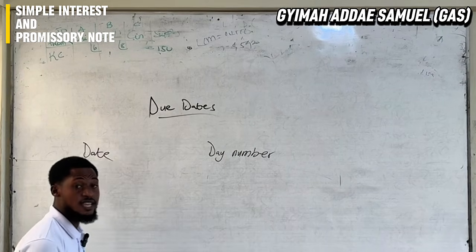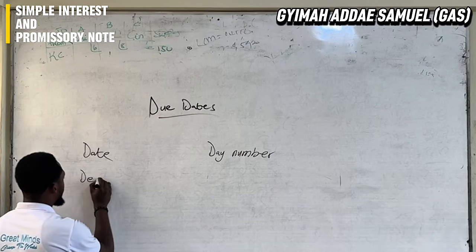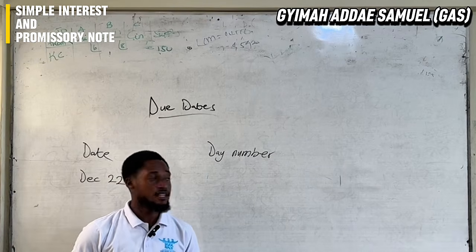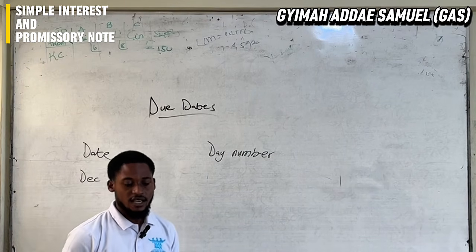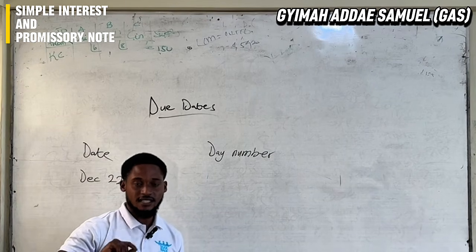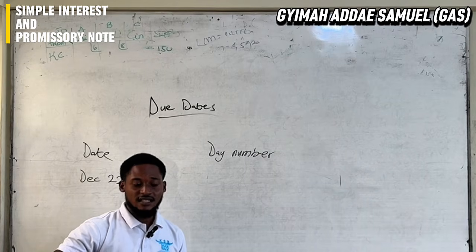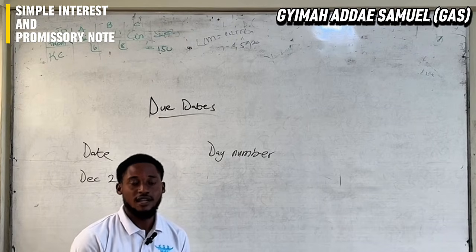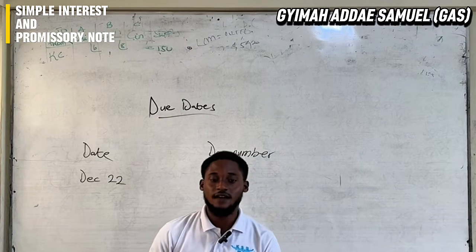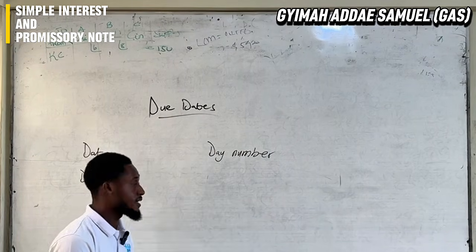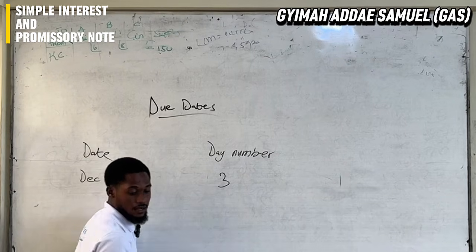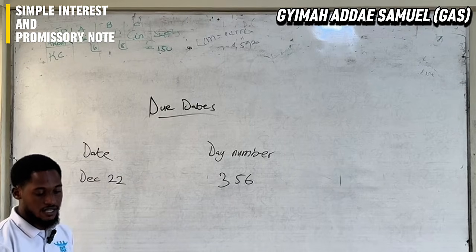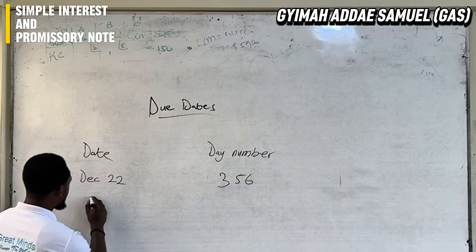So here we have December 22nd. With December 22nd, it falls under the 356th day, because with the exact it has 365 days.